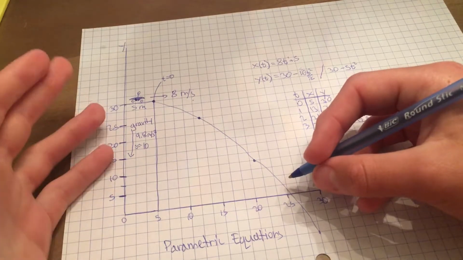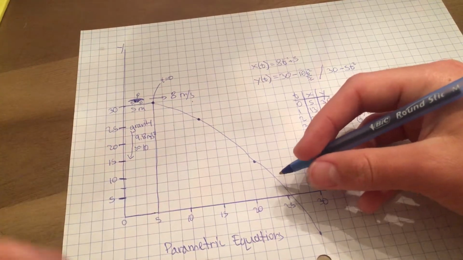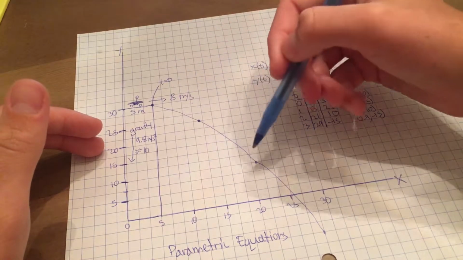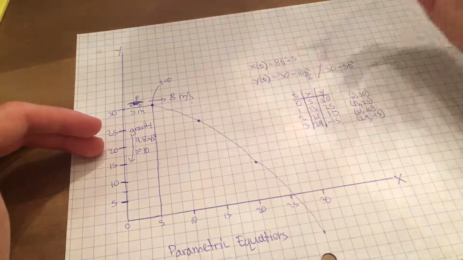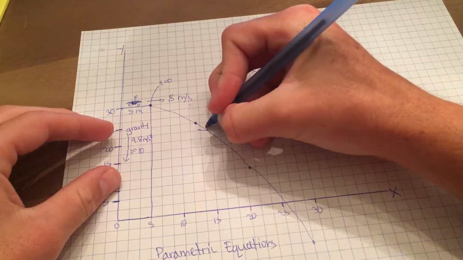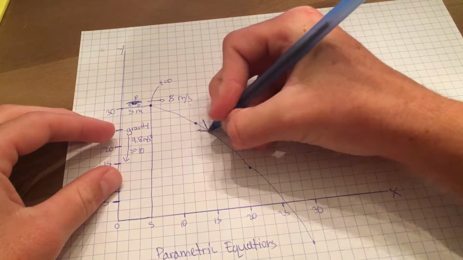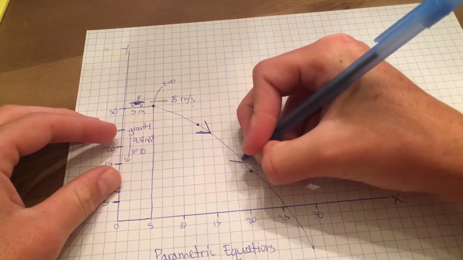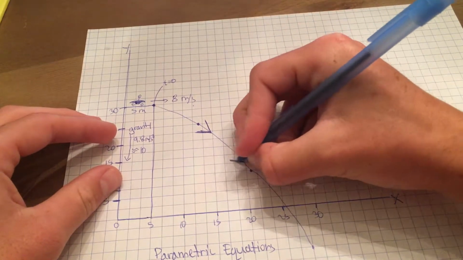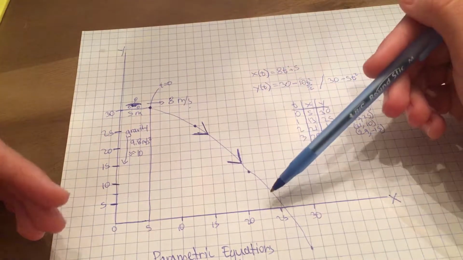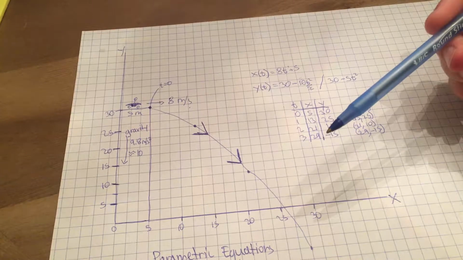And with a parametric equation, it's very easy to figure that out. So we'll throw some arrows on there, just so we know that this parametric equation is going downward. As time increases, we go downward, which makes sense.